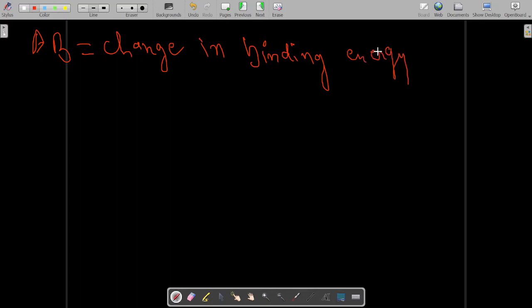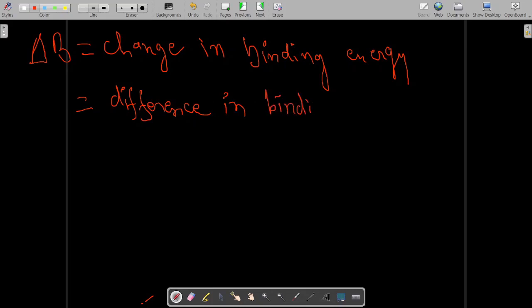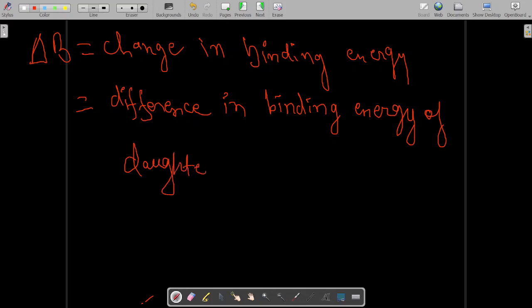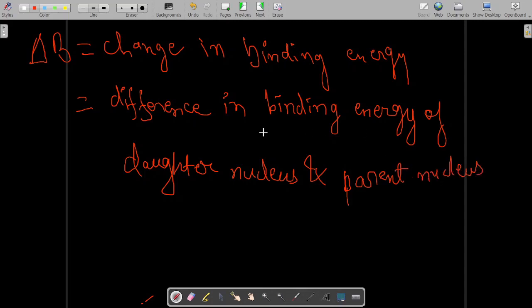Change in binding energy simply means, this is delta, that you take the difference in binding energy of the daughter nucleus and parent nucleus. So delta B is the change in binding energy, which is the difference in binding energy of daughter nucleus and parent nucleus.